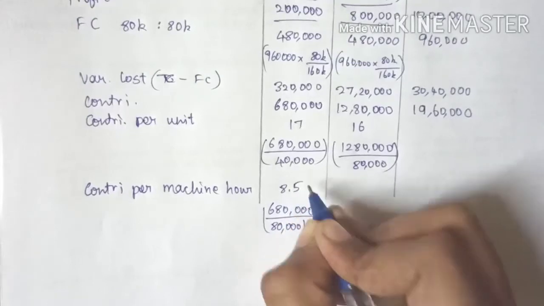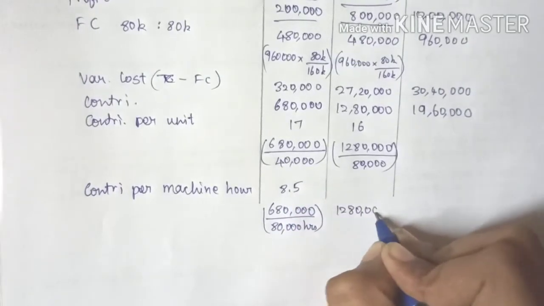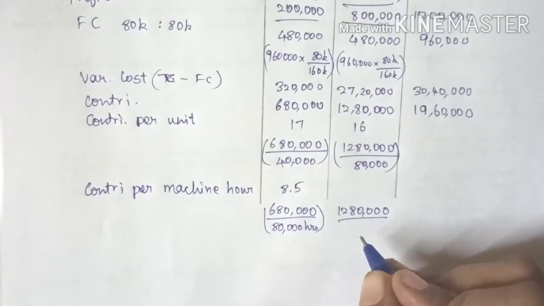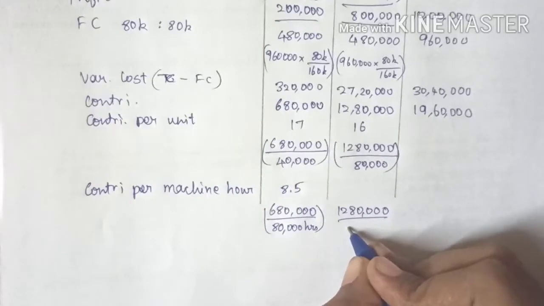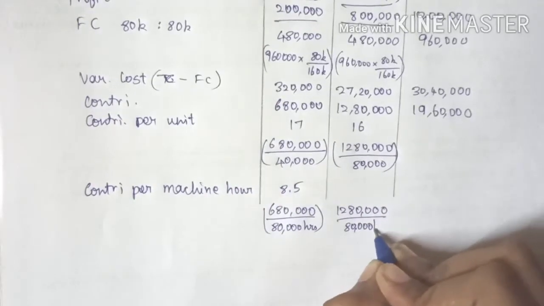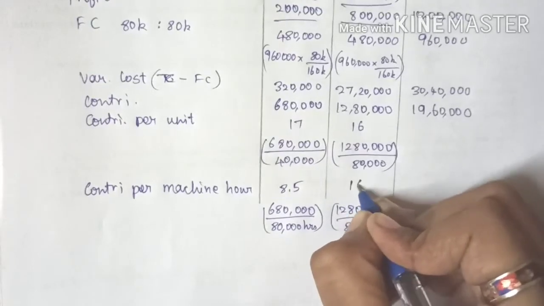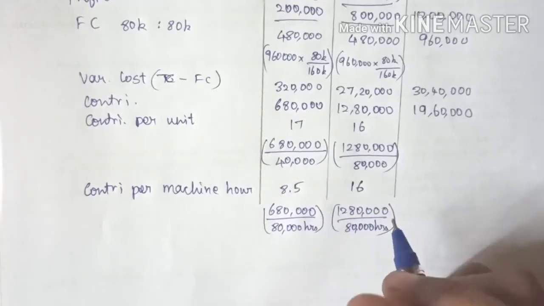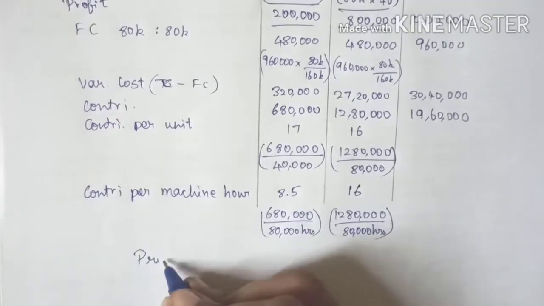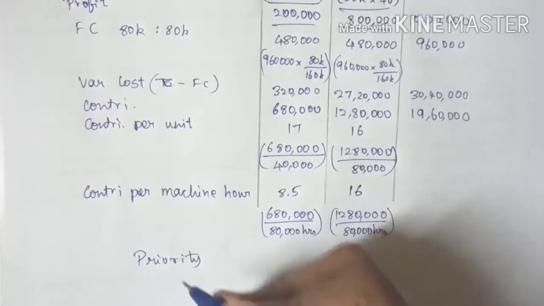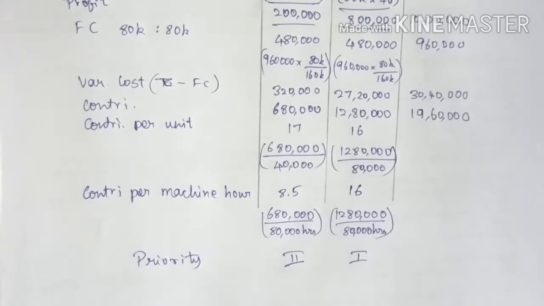So 8.5 rupees per machine hour. Here 12,80,000 divided by 80,000 units into 1 hour, that is 80,000 hours. 16 rupees is the contribution per machine hour. Next one is priority. First and this is second.